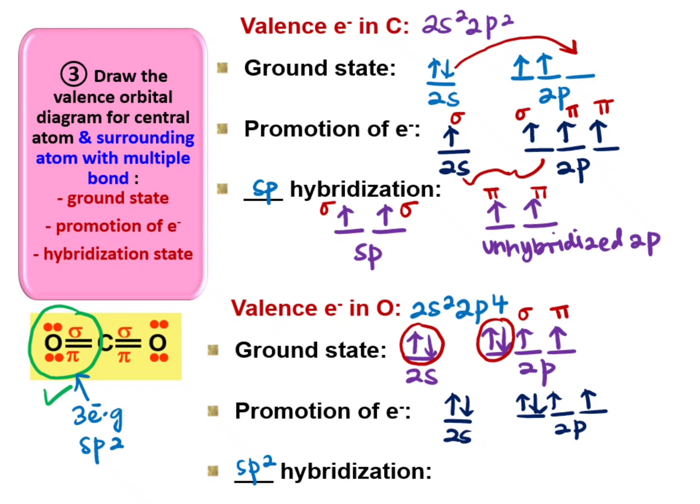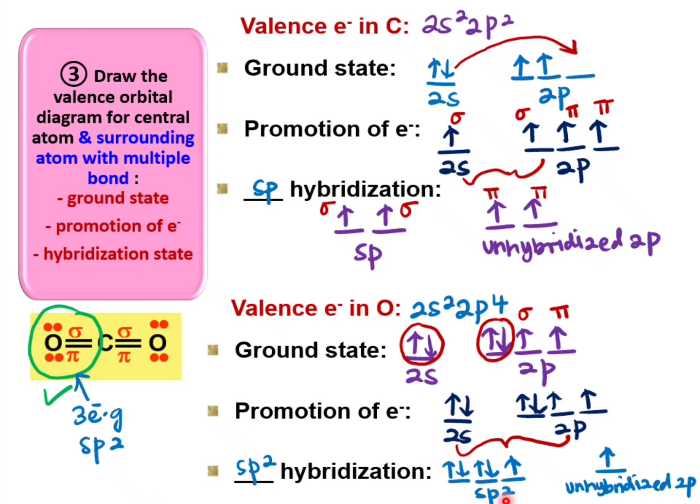Okay, kalau you tengok dekat sini, sp2, it means that we are going to hybrid one orbital s dan 2 orbital p. So, kita akan kacukkan, okay, like that. Satu orbital s, satu orbital 2p. Ambil yang 2p belah depan dulu ya. So, dia akan jadi macam ni.